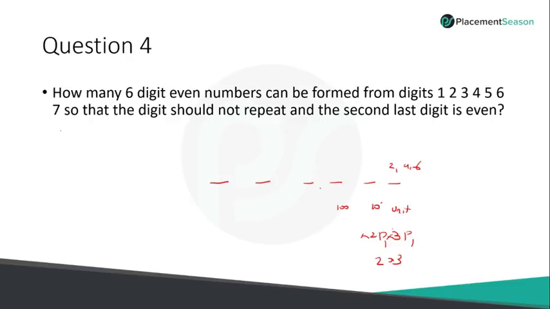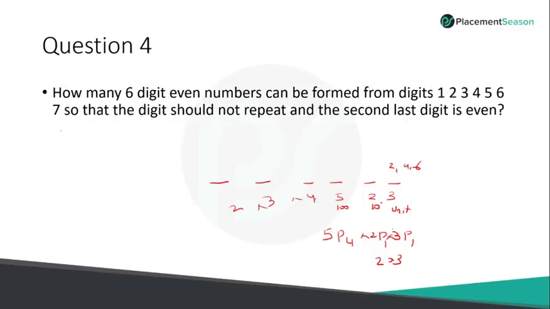So the remaining 4 places should be filled. Out of how many numbers? Since repetition is not allowed, 2 are already placed. So we have 5 digits remaining. So these can be filled in 5P4 ways, or like this can be done in 3 ways, this can be done in 2 ways, this is 5 4 ways, and 3 and 2.